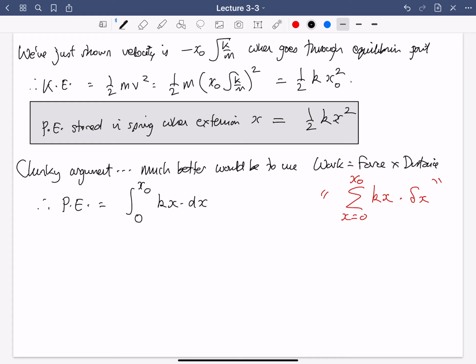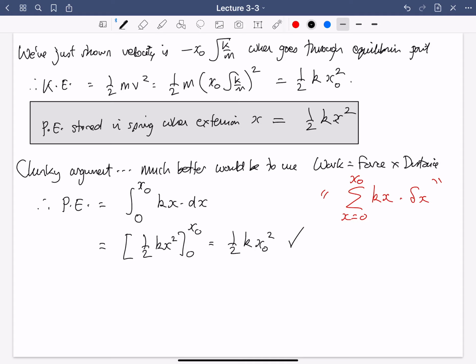Then it's easy to find an antiderivative, a half kx squared, from 0 to x0, which is a half kx0 squared. Again, that matches our formula, and if you're happy to use that integral, it's a much easier argument than the one I gave you the first time around.